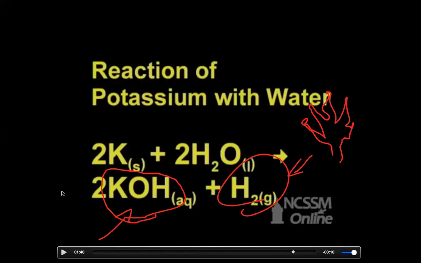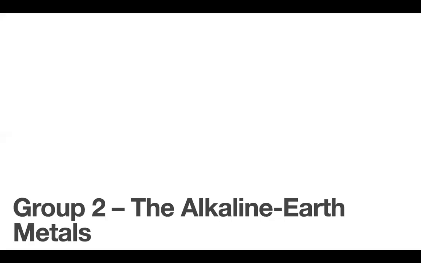Hydrogen gas is highly flammable, which means that as the potassium continues to react with the water and create sparks, sometimes you see it burst into flames as well. But this has a very high pH because it's a hydroxide, which is that OH. And that is why they are called alkali metals. Okay. That's group 1.